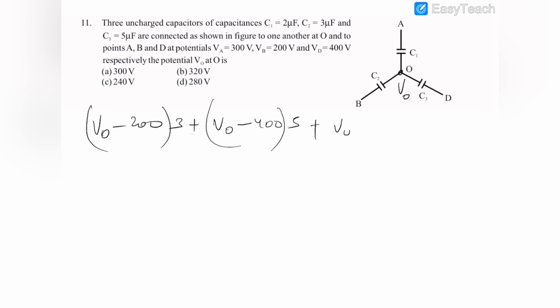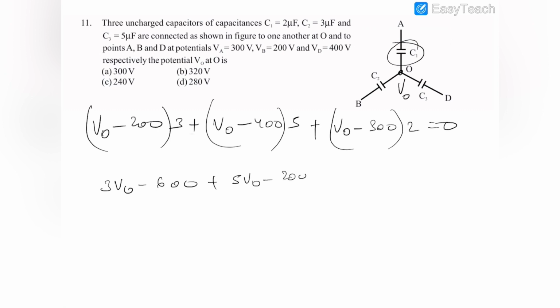Plus VO minus VA, VA is 300, and the capacitance connected is C1, which is 2. The sum of all these charges will be 0. Therefore, this is 3 VO minus 600 plus 5 VO minus 2000 plus 2 VO minus 600, and it would be equal to 0.